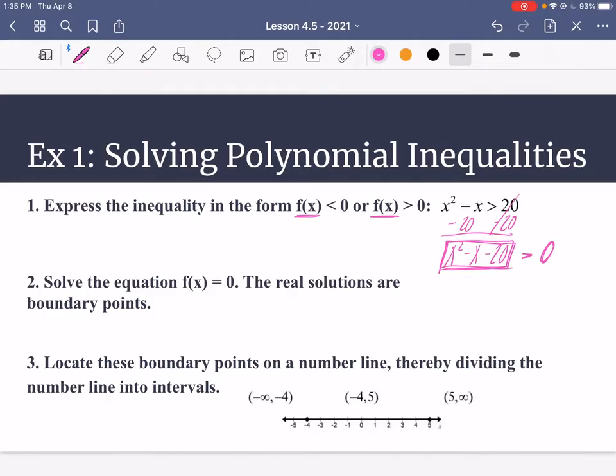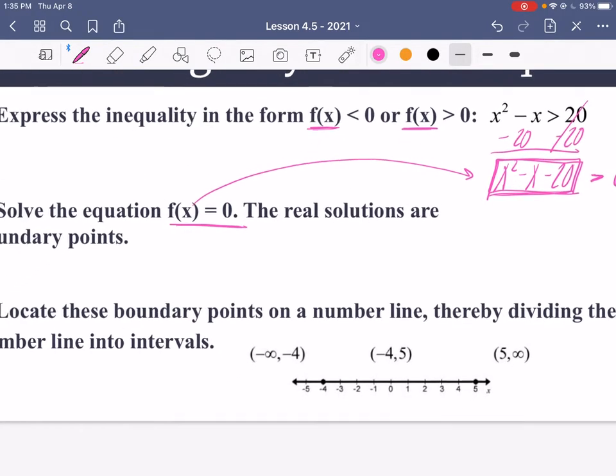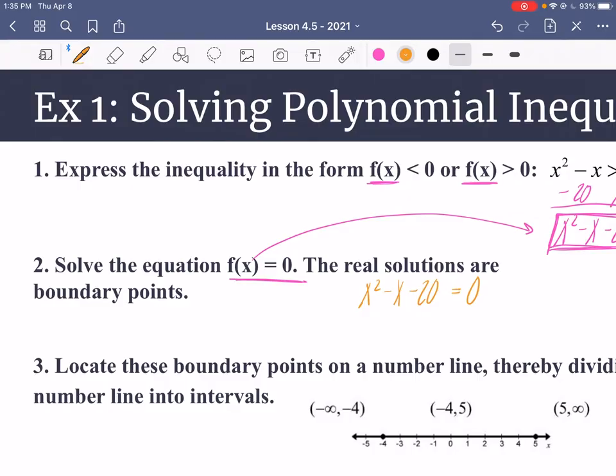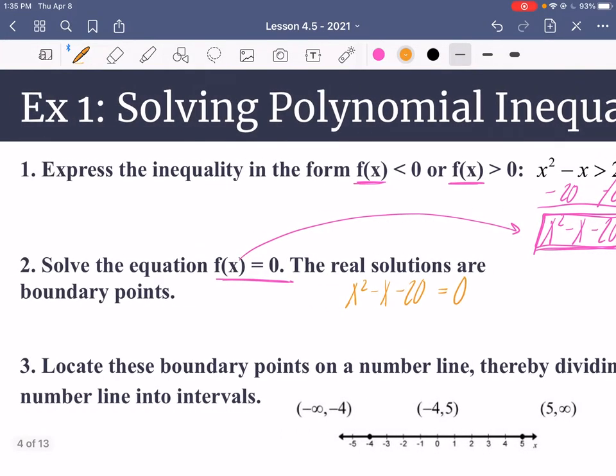Okay, then we take this f of x, the polynomial, and we actually set it equal to 0. So even though we need to find where it is greater than 0, we're going to set it equal to 0 for the second step. So x squared minus x minus 20 equals 0, and we're going to solve for what x equals. So we treat it like it's a normal polynomial equation.